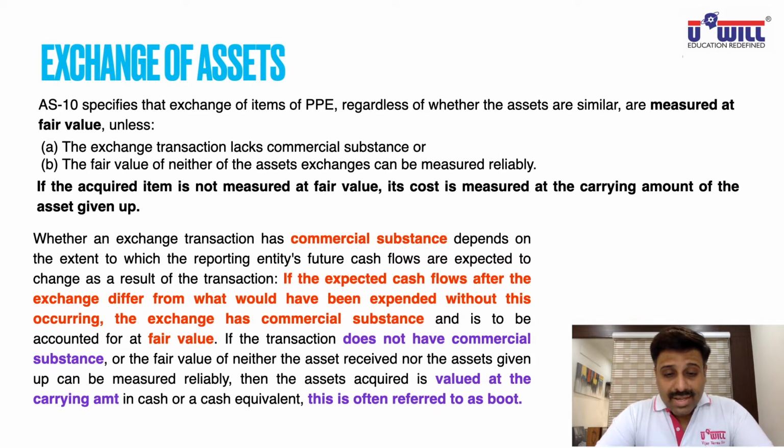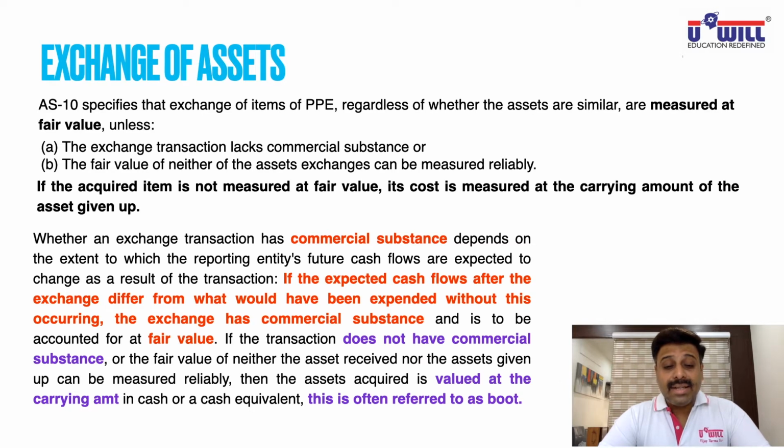Whether an exchange transaction has commercial substance depends on the extent to which the reporting entity's future cash flows are expected to change as a result of the transaction. I just explained right now, commercial substance means you are going to get economic benefits.